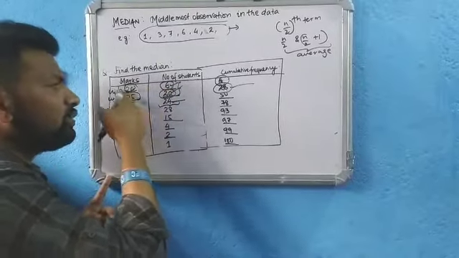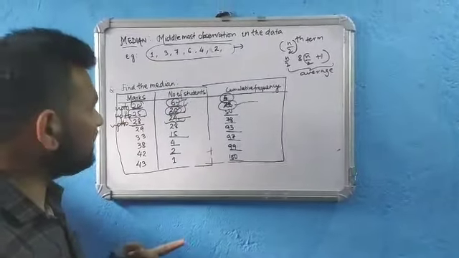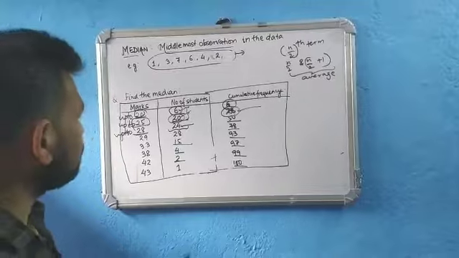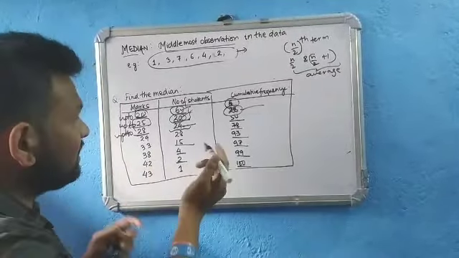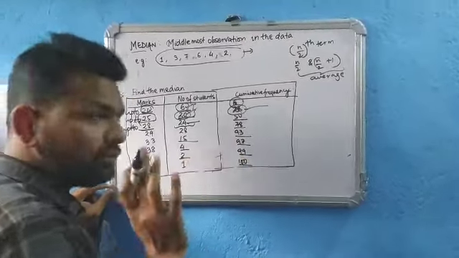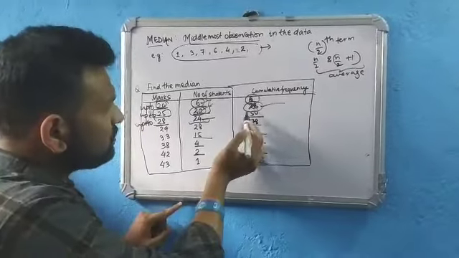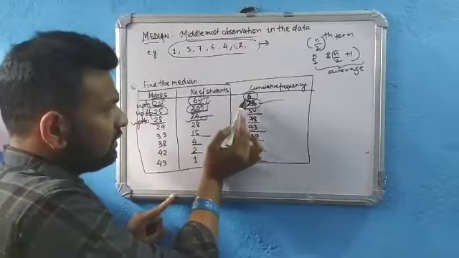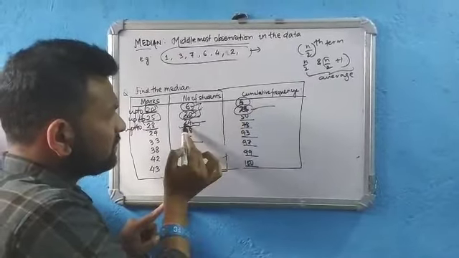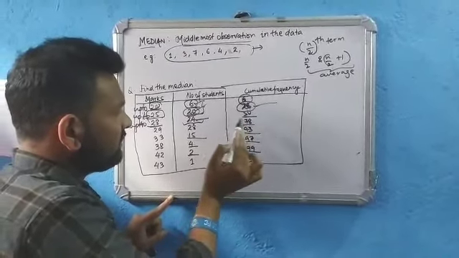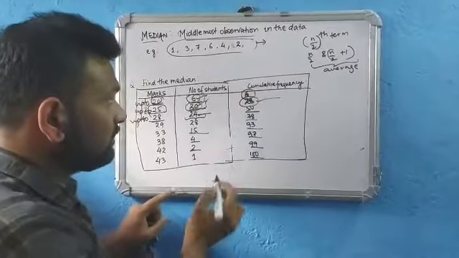Because 6 students had scored 20 marks already, and 20 is obviously less than 25. So we are talking about up to 25. Similarly, we'll just add it up. Just to solve the problems, forget everything, you just have to sum it over. 6 plus 20, 26, 26 plus 24, 50, 50 plus 28, 78, and so on and so forth. This is how it goes.